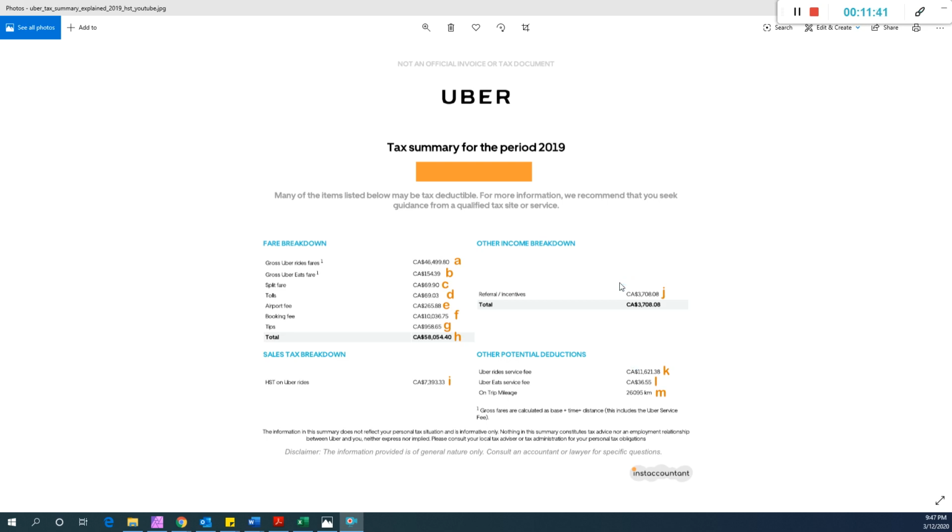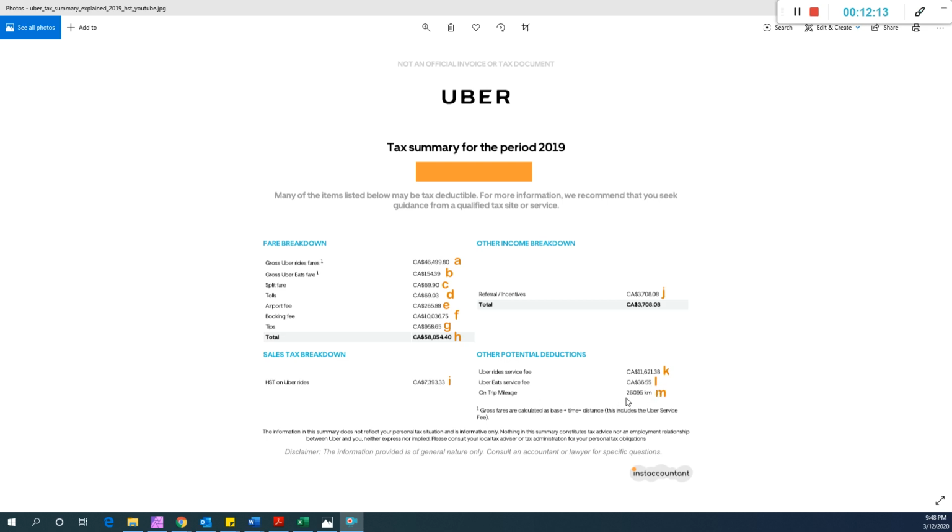So don't get confused, it could be 25%, it could be different as well, because it keeps changing, right? But this is that amount. This amount and this amount are quite connected, right? Same concept with the Uber Eats service fee. Uber says, whatever you make off your Uber Eats orders, this is what my cut would be, right?